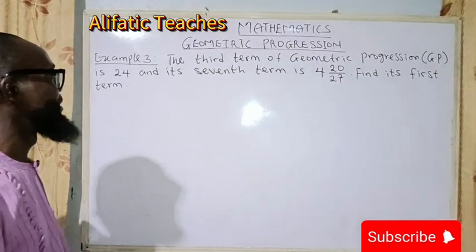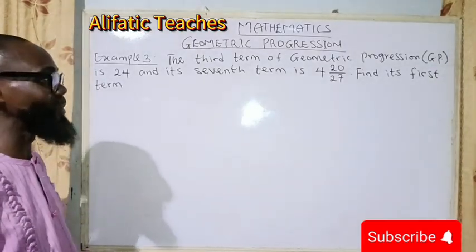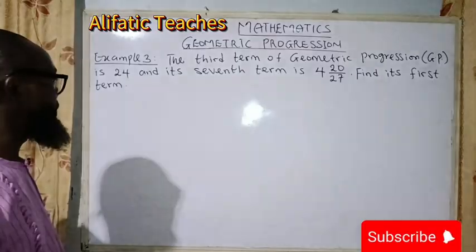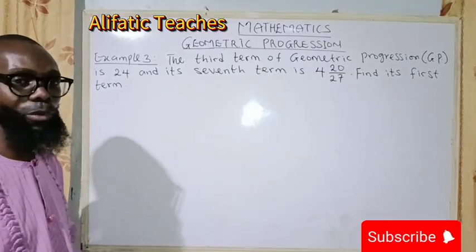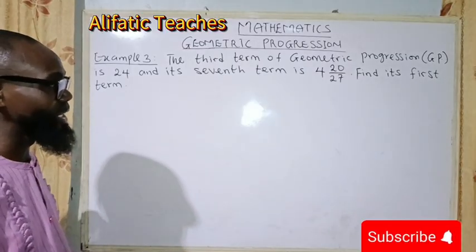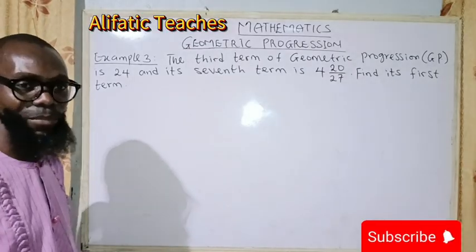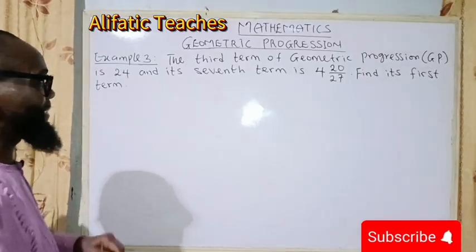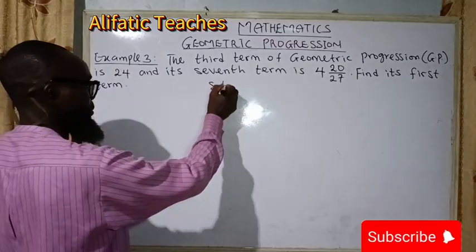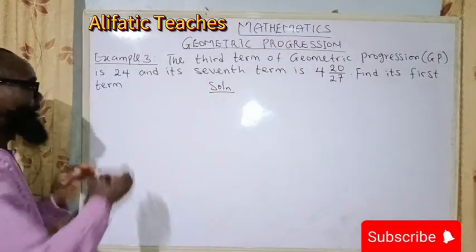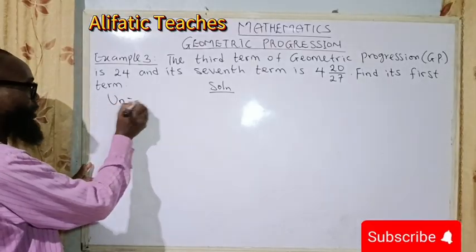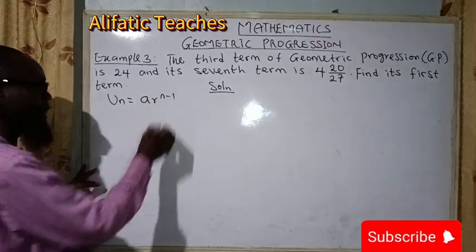Example 3. The third term of a geometric progression is 24 and its seventh term is 4 whole number 20 over 27. Find its first term. So let's analyze this. The third term, don't forget the general formula, U_n equals A R raised to power n minus 1.